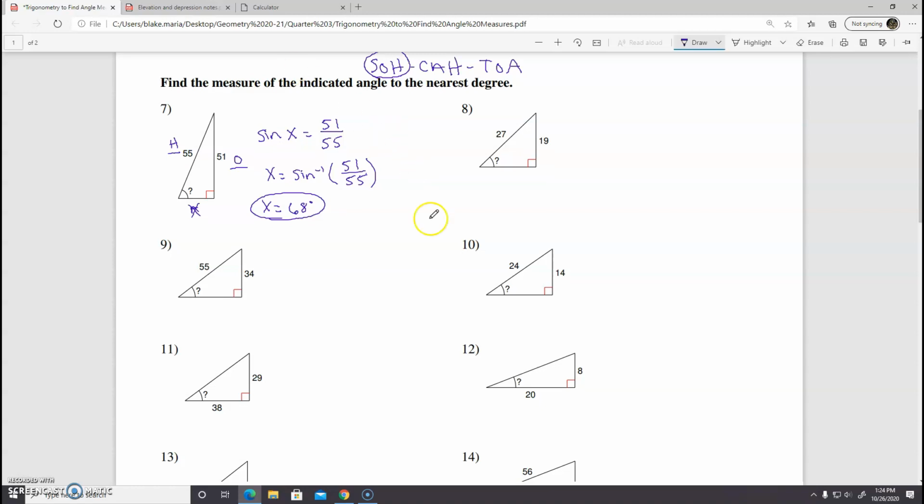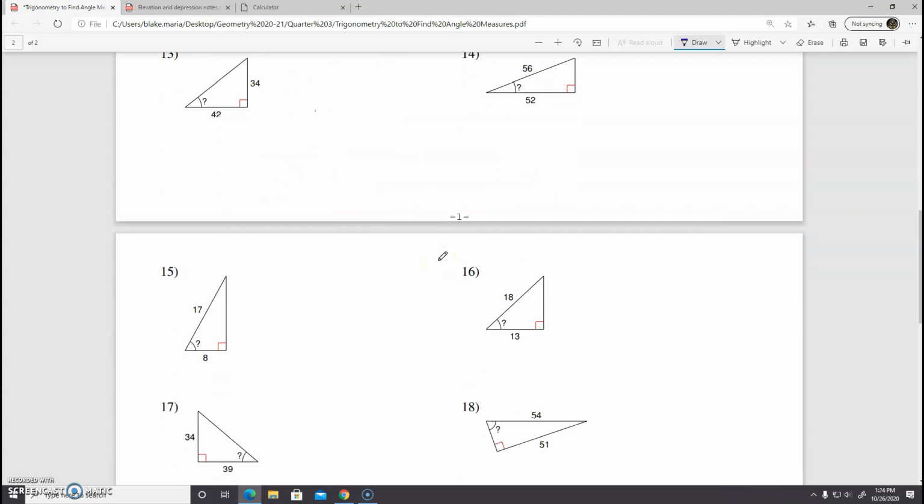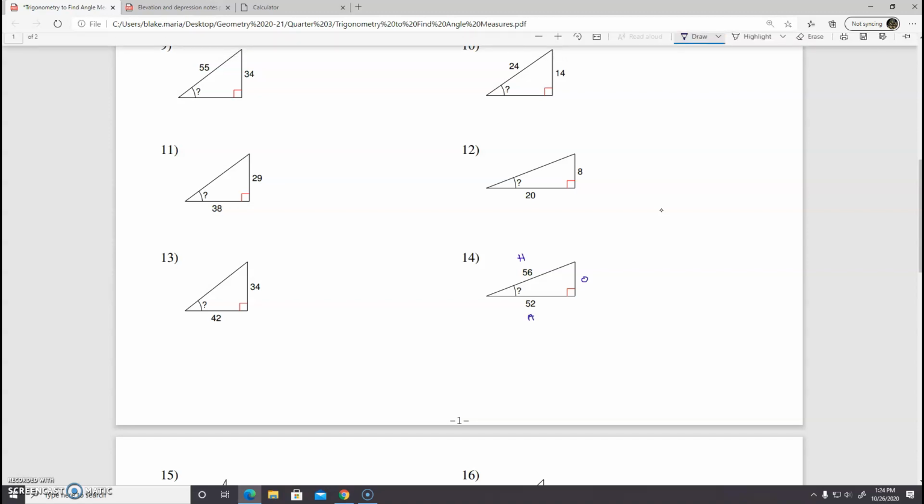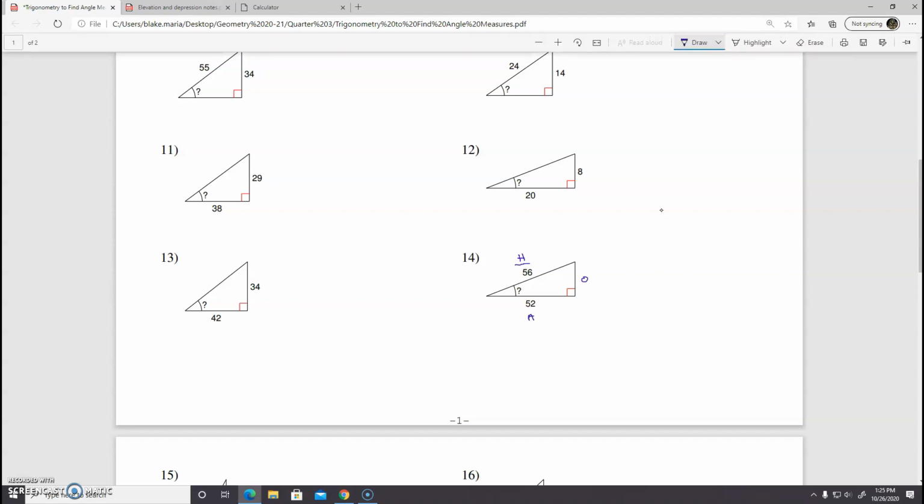Let's find a different one. How about number 14? So here you have the hypotenuse. Here's my angle, travel across, that's my opposite, which means this is adjacent. So we have hypotenuse and adjacent. We don't really care about opposite, so we're not going to use it.